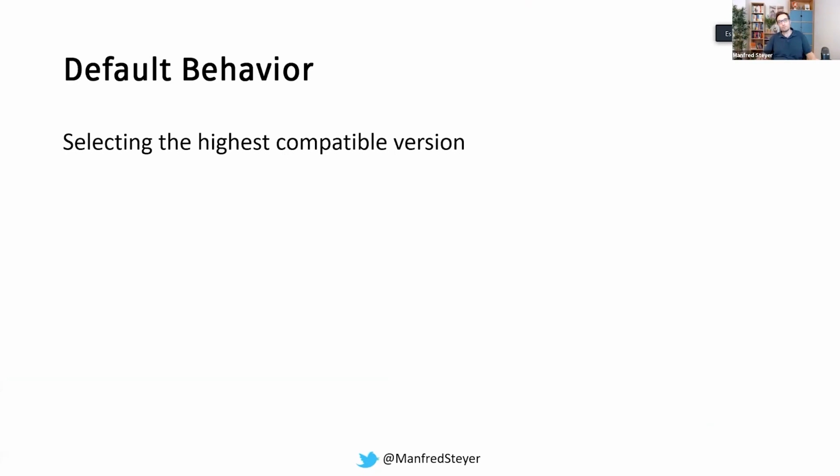And that means there are several possibilities to deal with it. And if you configure none of those possibilities, you get a very smart default behavior. The smart default behavior is about selecting the highest compatible version. I know this sounds a bit awkward, so let me give you an example for this. Let's assume we have one micro frontend with shared library version 10.